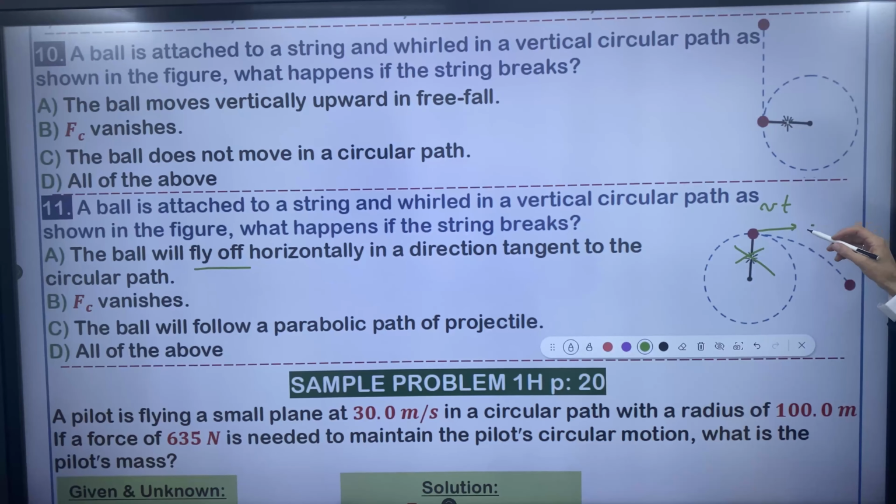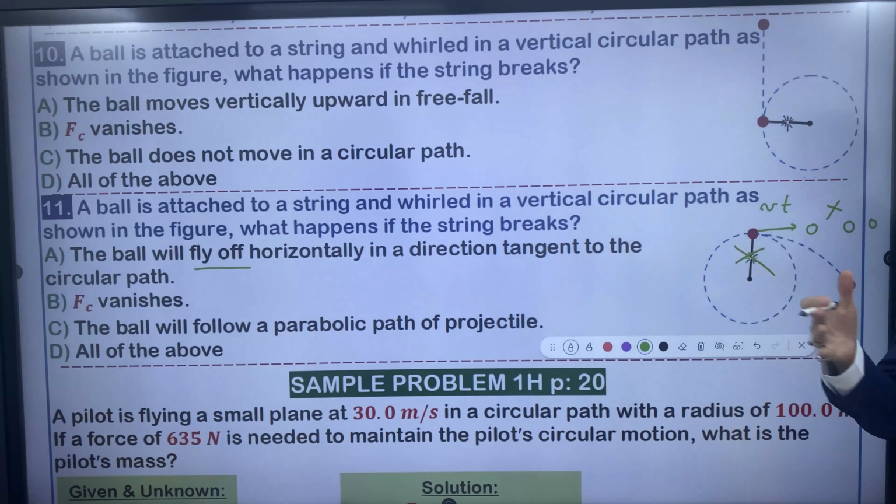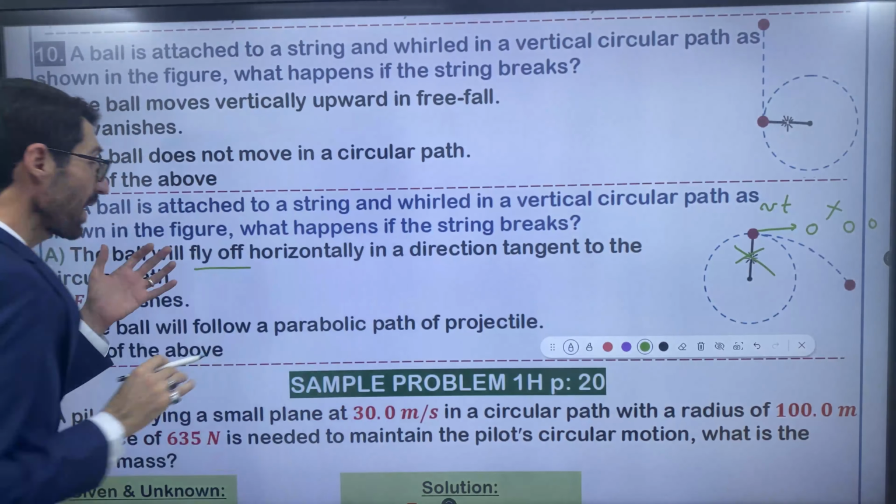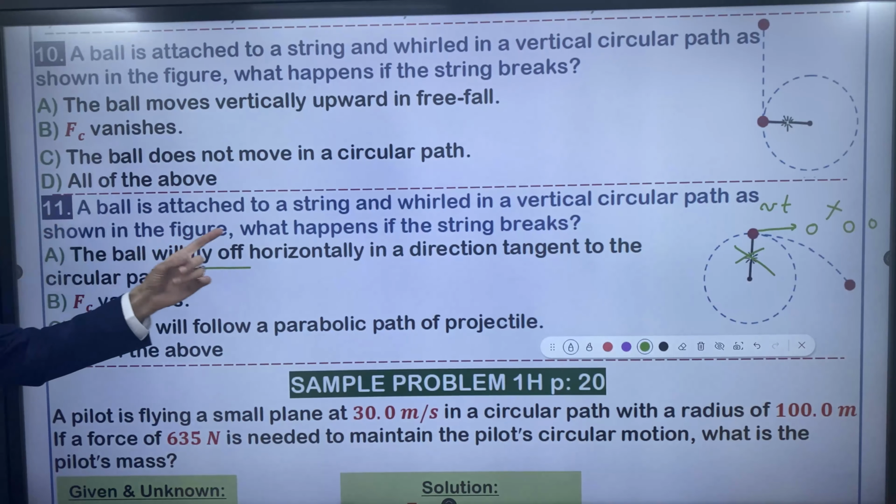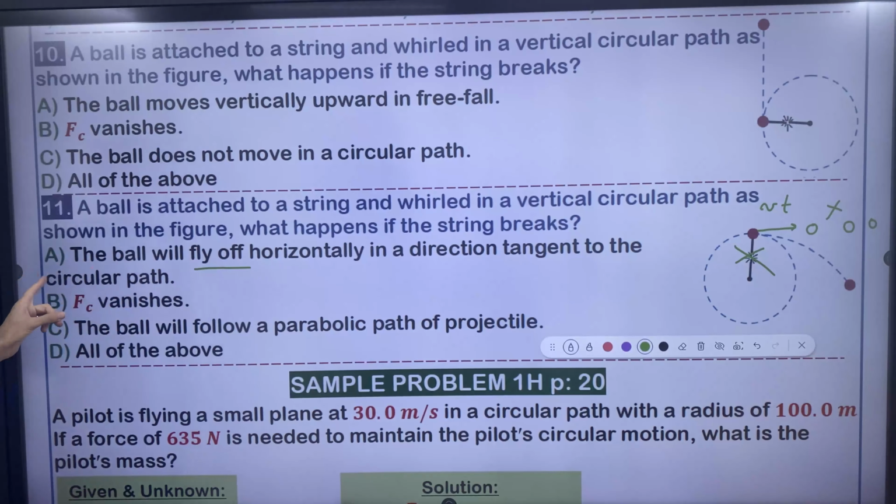The ball cannot move in a perfect horizontal path because of friction between air particles and the ball. So it slows down and follows a parabolic path rather than a straight line path. So the ball flies off horizontally in a direction tangent to the circular path.